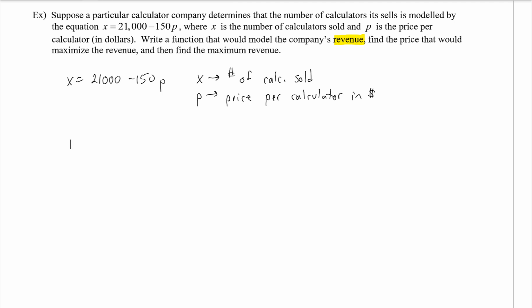So revenue, in case you're not familiar, is where you take the price per unit times number of units sold. So for example, let's say you've got 50 candy bars and you sell each candy bar for $2, right?